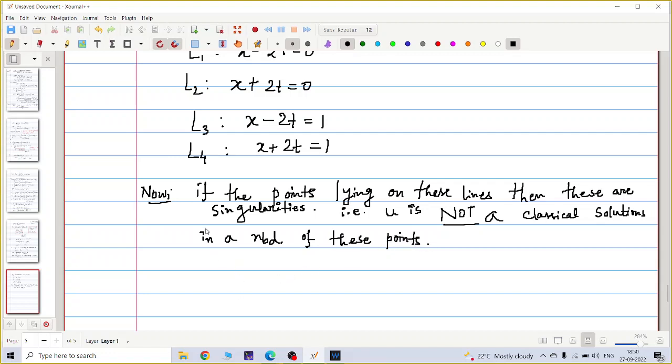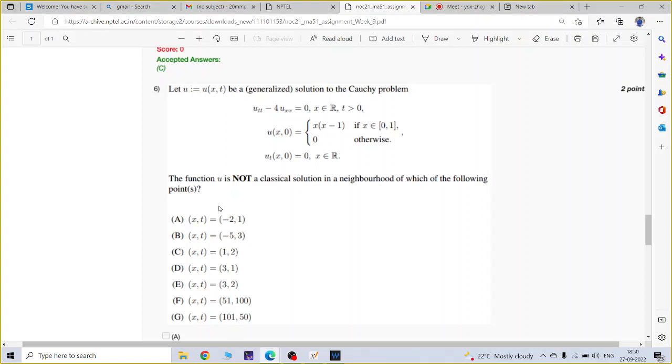So let me check which of the following points lies on any one of these lines. Then u is not a classical solution in a neighborhood of these points. You have to find the points where u is not a classical solution.